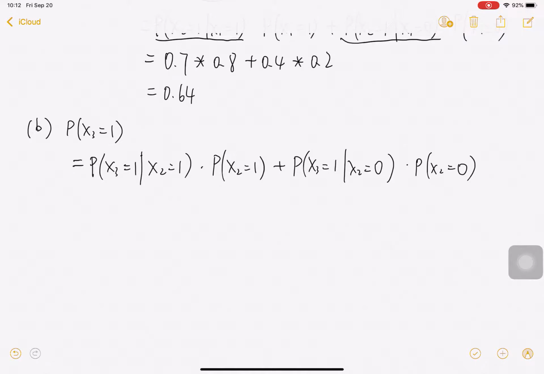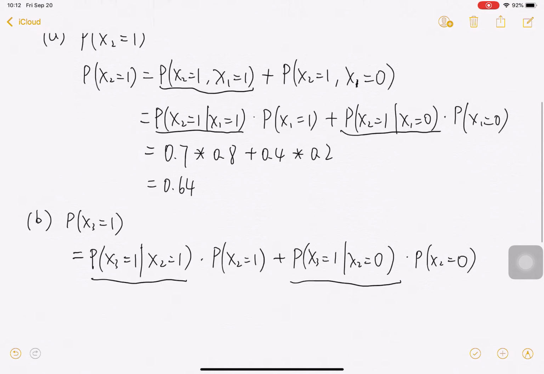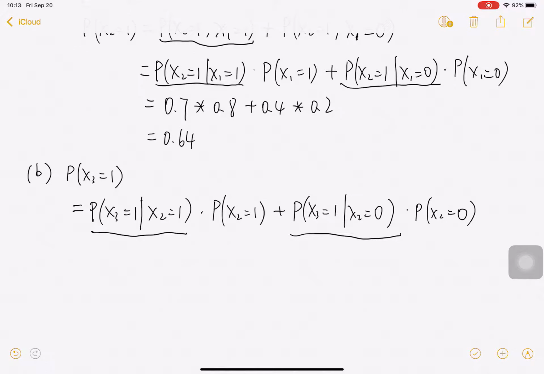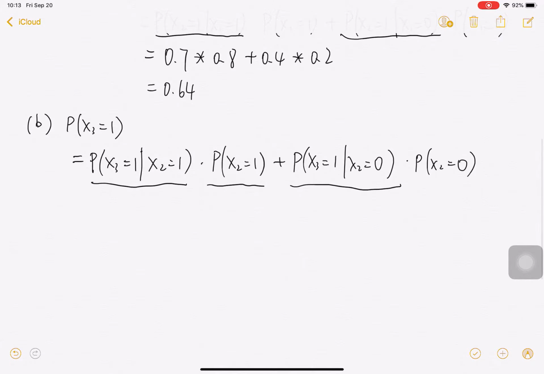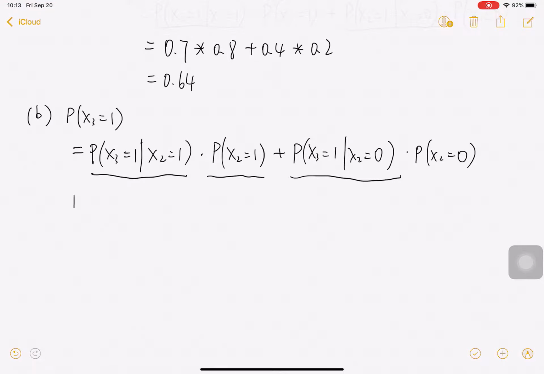For the probabilities in this equation, we can find these two values in the xk plus 1 and xk conditions, and this one is the answer to question A. So what we need right now is the probability of x2 equals 0. It's totally the same as question A, so let's skip to the equation.